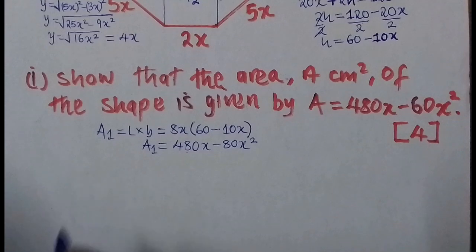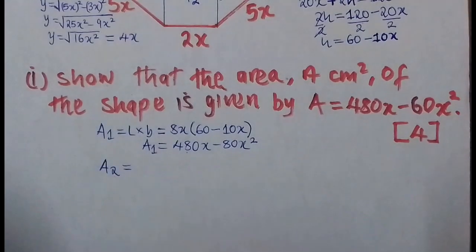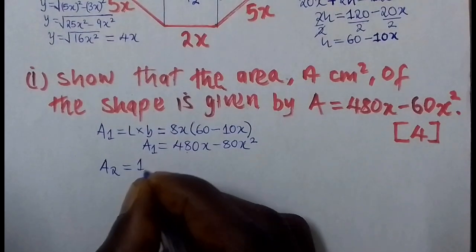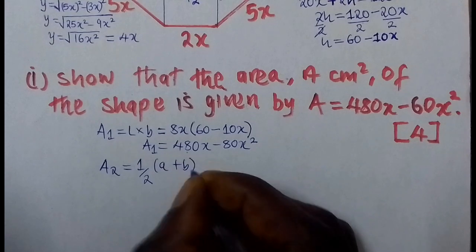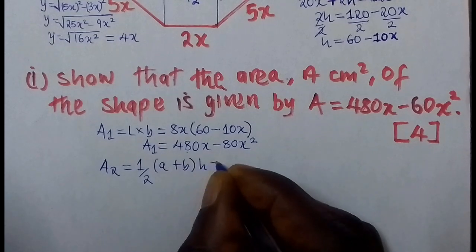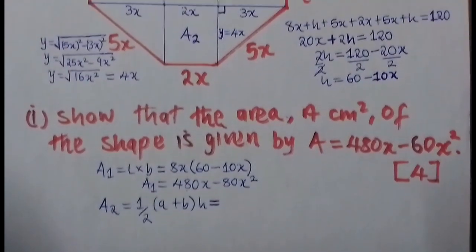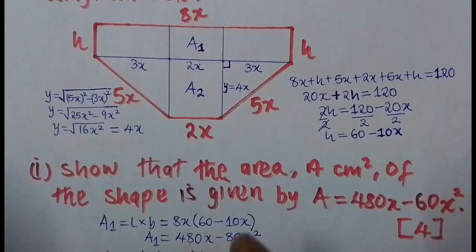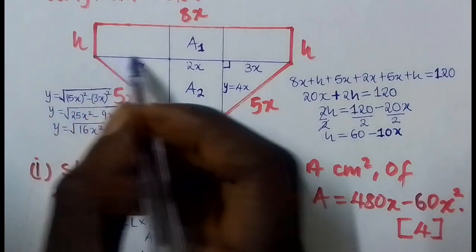Then let's work out area 2, which is the area of a trapezium. The area of a trapezium is given by half times (a plus b) times h. Now we're going to use a as 2x and b as 8x.